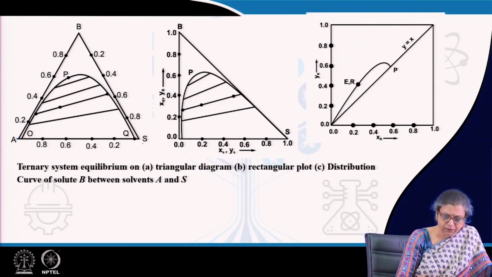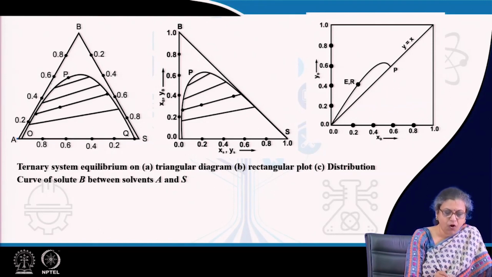Same way, the arm BS gives you the composition of the solution of B and S, and same way this gives you the composition of the solution of A and S, and inside this all the three components are present.